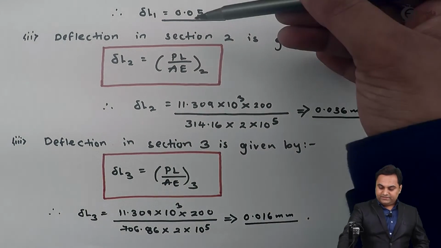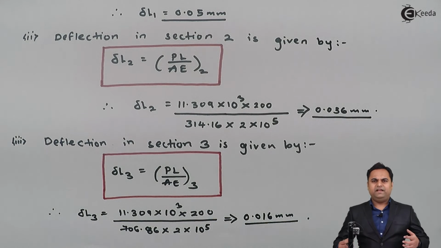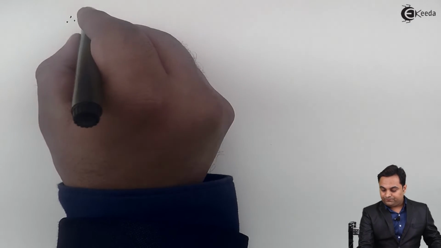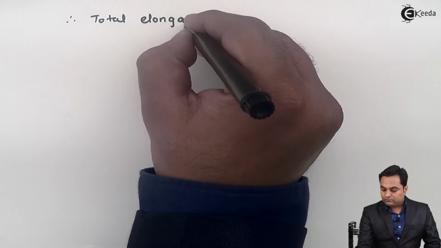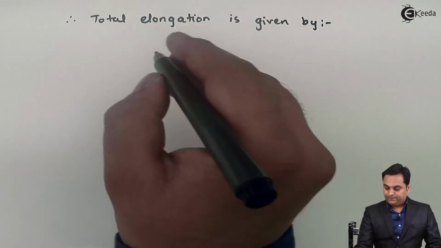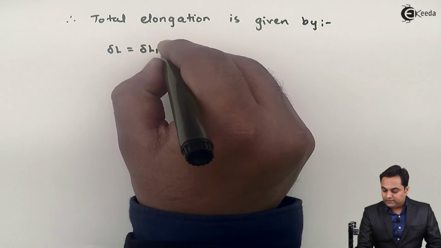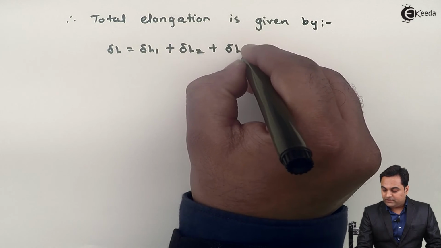So after getting these three deflections in three different sections of the stepped bar, we will add them up to get the total elongation. Therefore, total elongation is given by delta L is equal to delta L1 plus delta L2 plus delta L3.